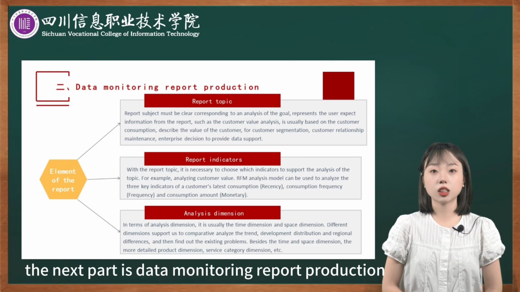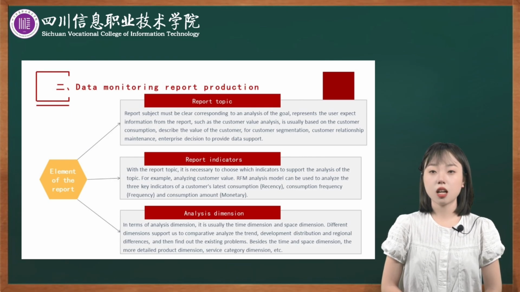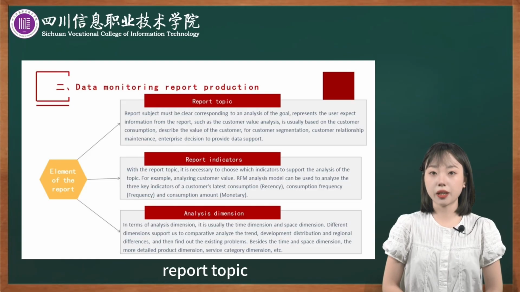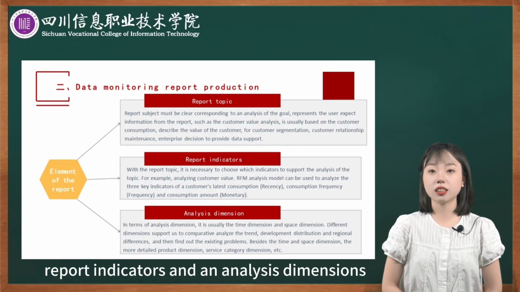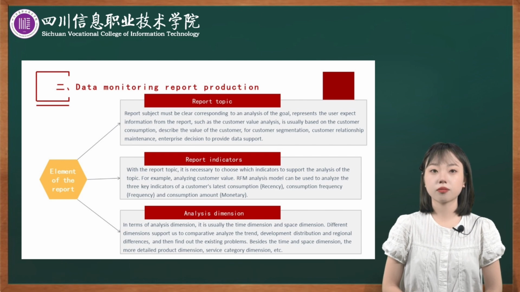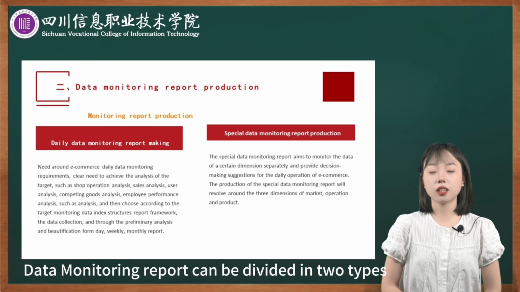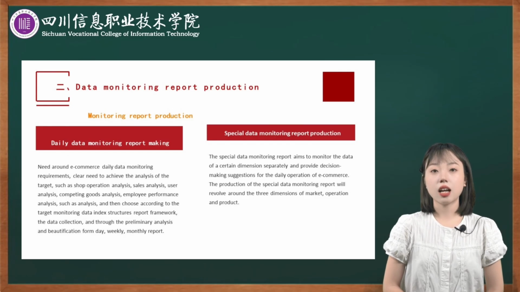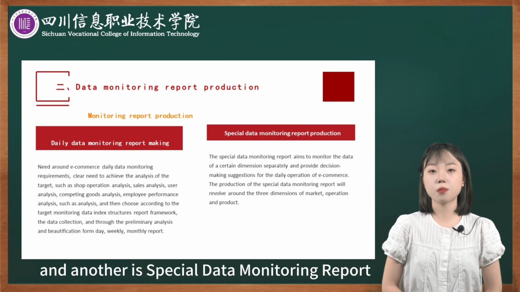The next part is data monitoring report production. The elements of the report include report topic, report indicators, and analysis dimensions. Data monitoring reports can be divided into two types. One is daily data monitoring report, and another is special data monitoring report.